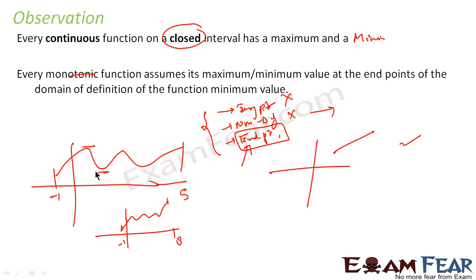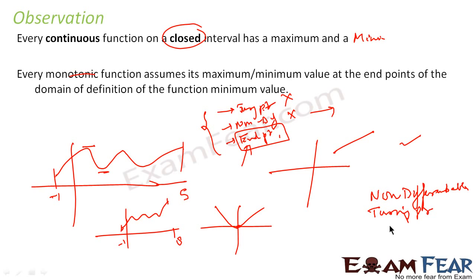I have shown you that the maxima and minima can be at the end points, turning points, or if I have a function like f(x) equal to mod x, this is a non-differentiable point. So non-differentiable, I'll write once again because that is critical: non-differentiable points, turning points and end points.